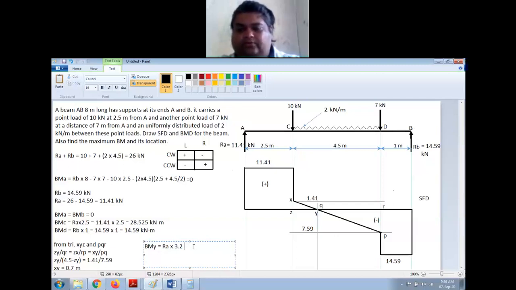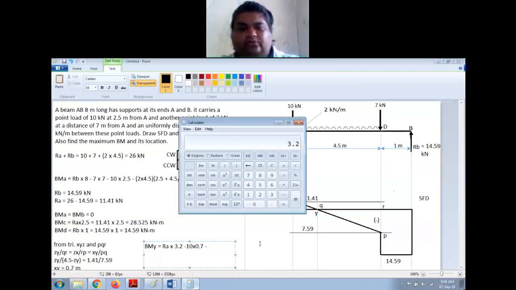This is downward, so minus 10 into 0.7, minus, then I have UDL for 0.7. So I'm directly doing this 2 into 0.7 into 0.7 by 2. So it is 0.49.